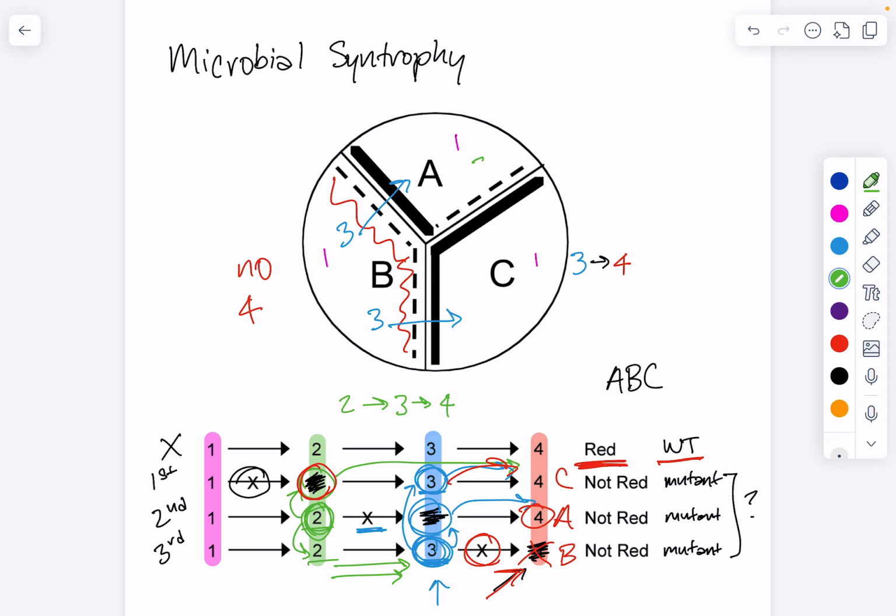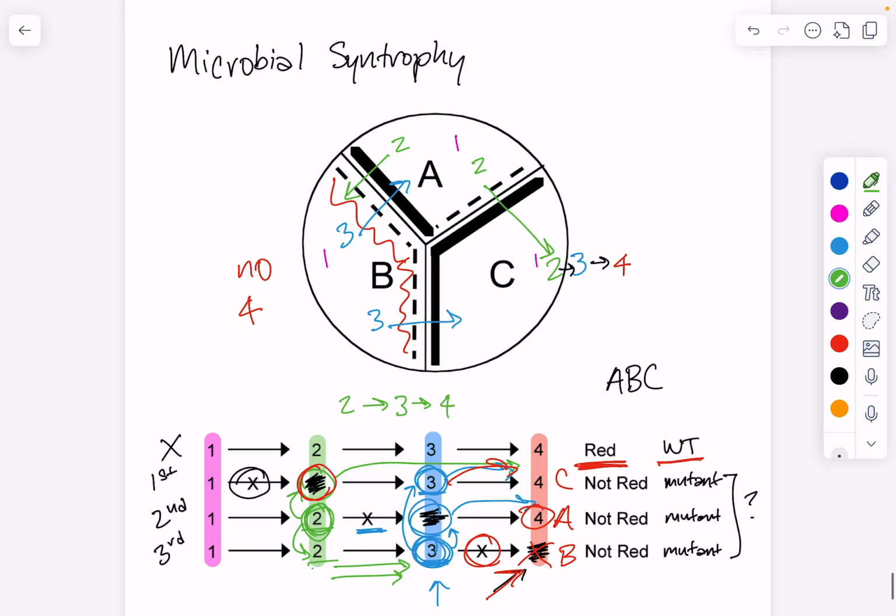So 2 is being made by A and diffusing into here, and that 2 is what goes to the 3, that goes to the 4. But A is also producing 2 that's diffusing into B. However, don't forget, B can already make 2 on its own as well, so it's making 2 right now.